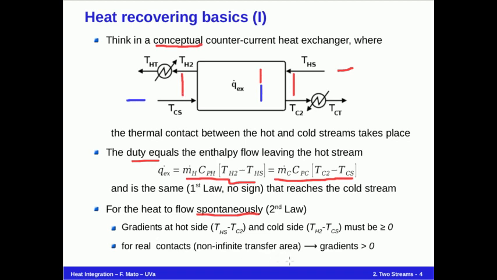And for a real contact, this gradient must be finite. 10 Celsius, 5 Celsius, no 0, because 0 will give us an infinite heat transfer area. As you can imagine, the extension of those gradients is crucial when calculating the heat recovery possibilities.